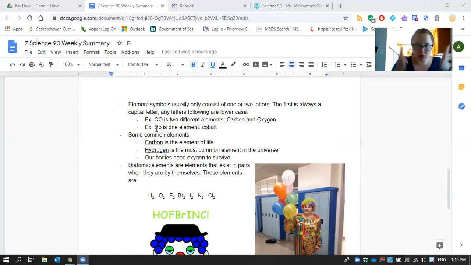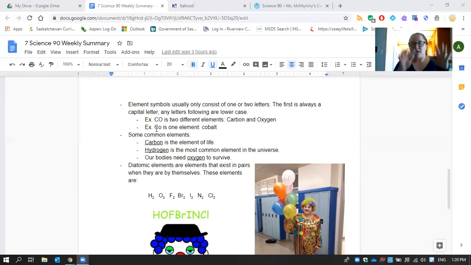But carbon is in all living things or things that were alive at one point. That doesn't mean that if something has carbon, it's living, but everything that is alive or was once alive is made up of some part of carbon.